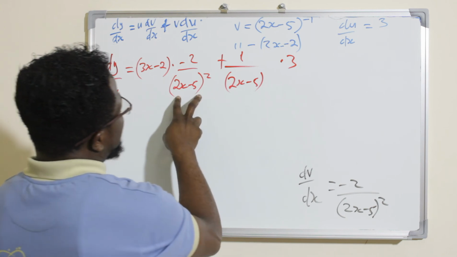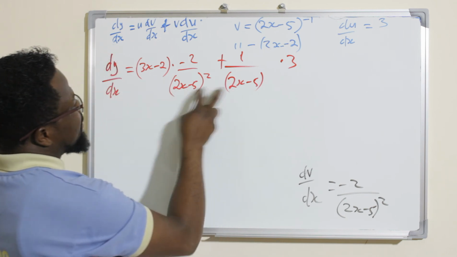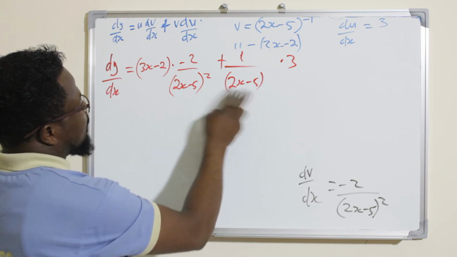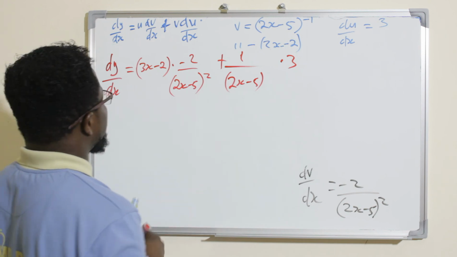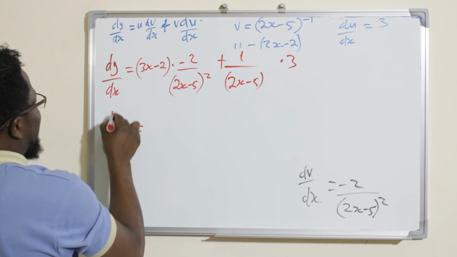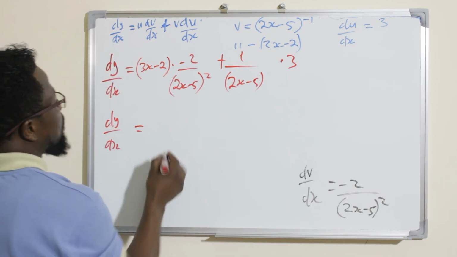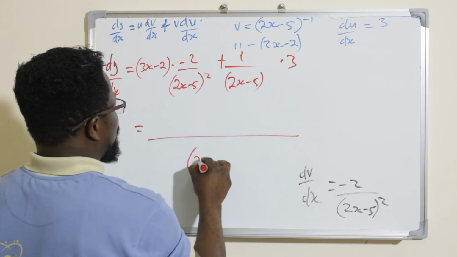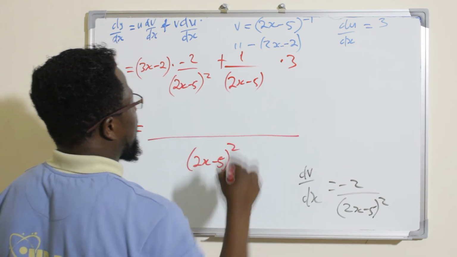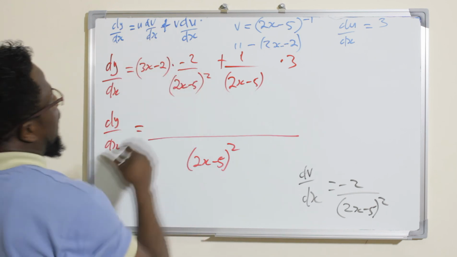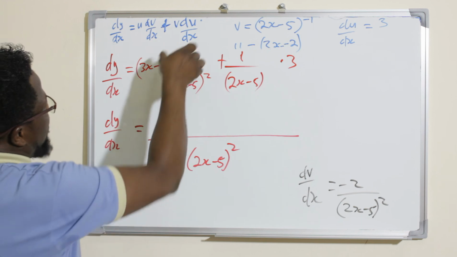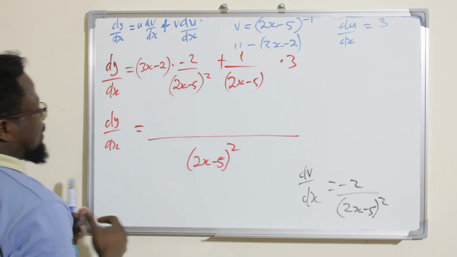Now I need to simplify this problem, and then I finalize that. Okay, let's see this and this. The LCD, or the common denominator for this, is this, because this is a factor of this. So I can simply write that all over (2x minus 5) exponent 2.